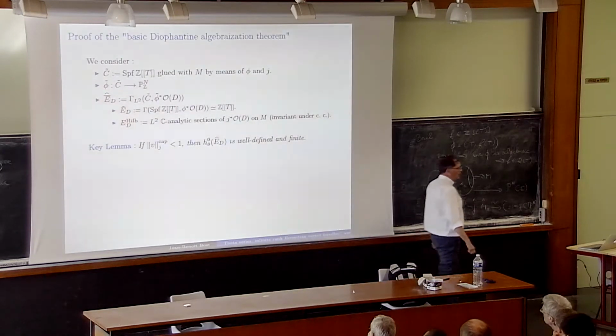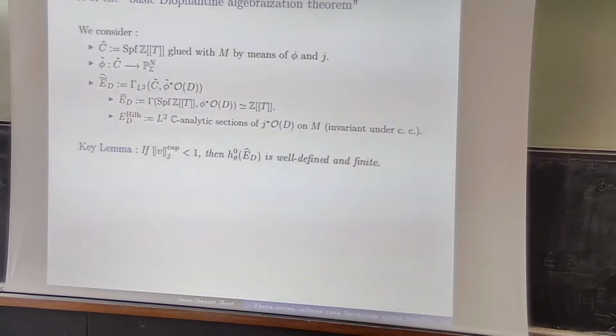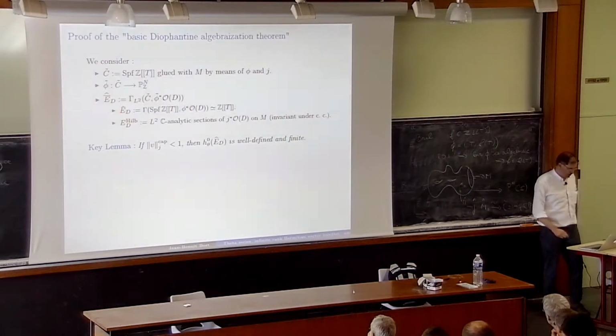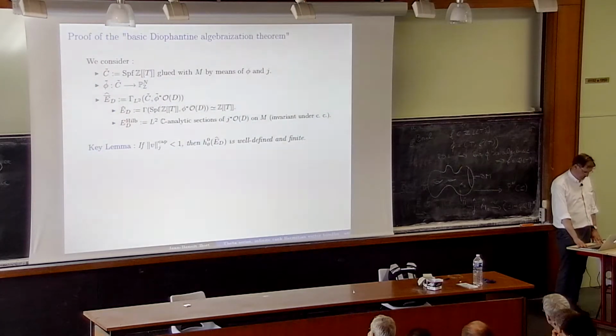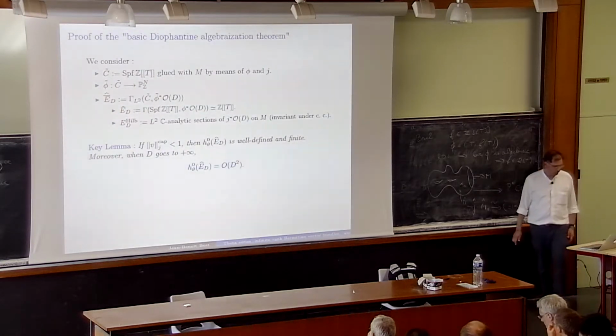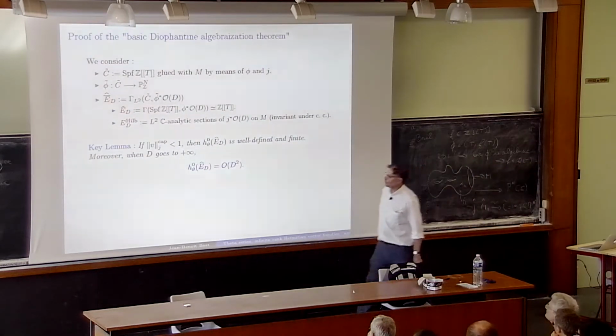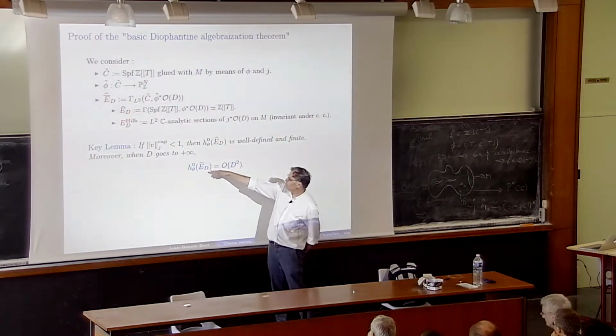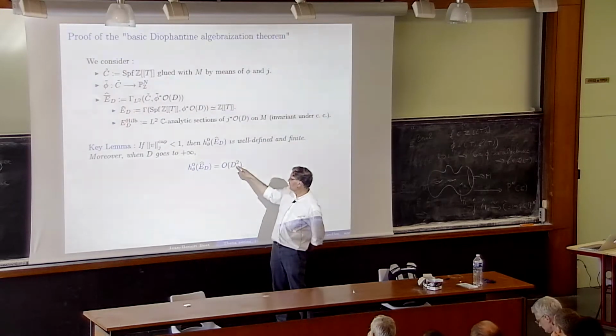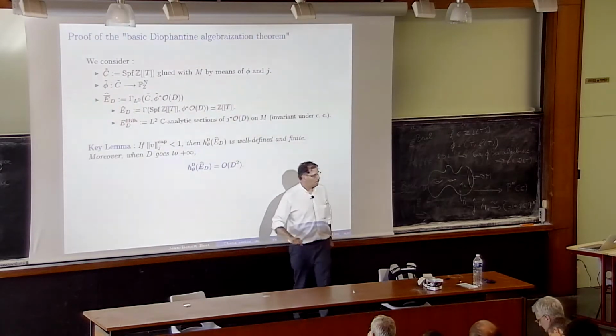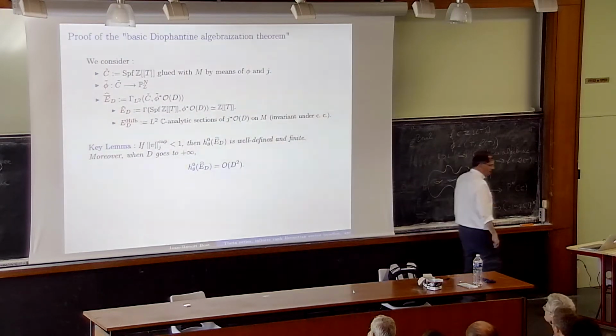Well-defined, I mean, the various candidates for H0 theta coincide, and you may compute it by the previous theorem about converging sequences of H0 theta of the Kerr QIs. And the H0 theta of this space of sections of O(D), so to speak, goes like D squared.